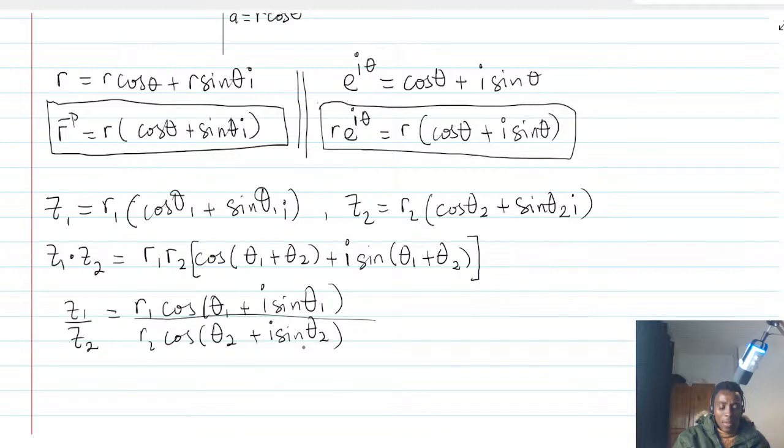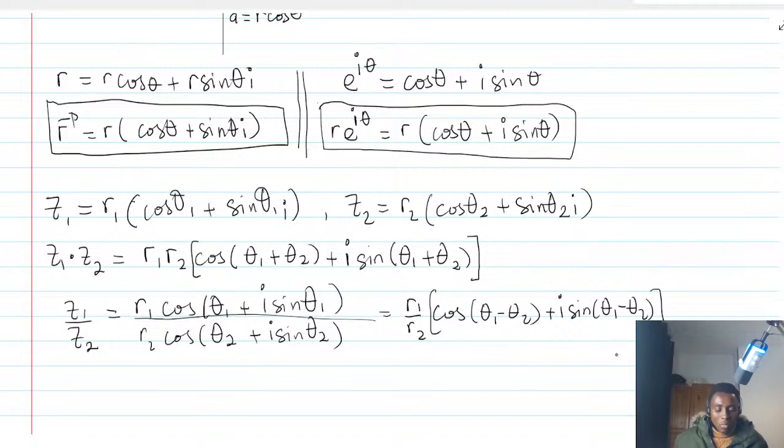So now from here, what can we say? It's going to be R1 divided by R2 cosine theta 1 minus theta 2 plus I sine theta 1 minus theta 2.